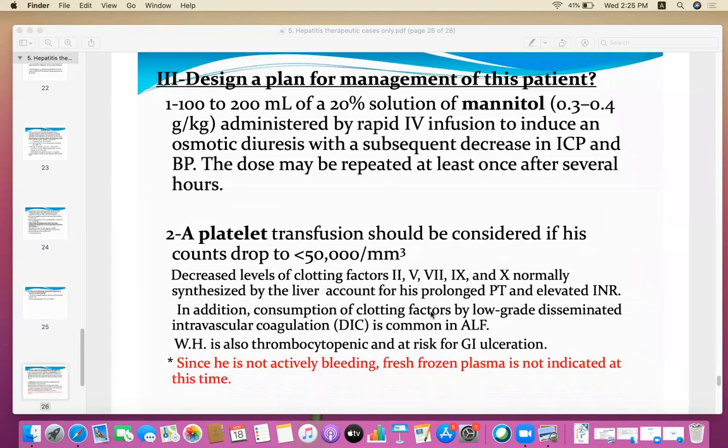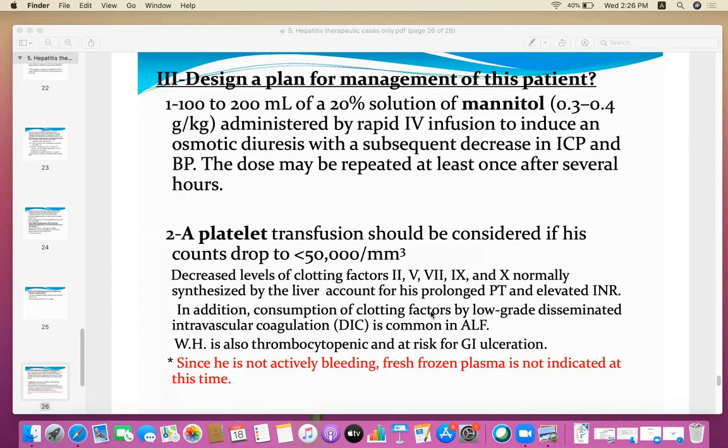Design a plan for management of this patient as intracranial pressure is increased. To reduce the intracranial pressure, the drug of choice is mannitol. We have to give an osmotic diuretic, 100 to 200 ml of 20% solution of mannitol administered by rapid IV infusion to induce an osmotic diuresis with a subsequent decrease in the intracranial pressure and the blood pressure.